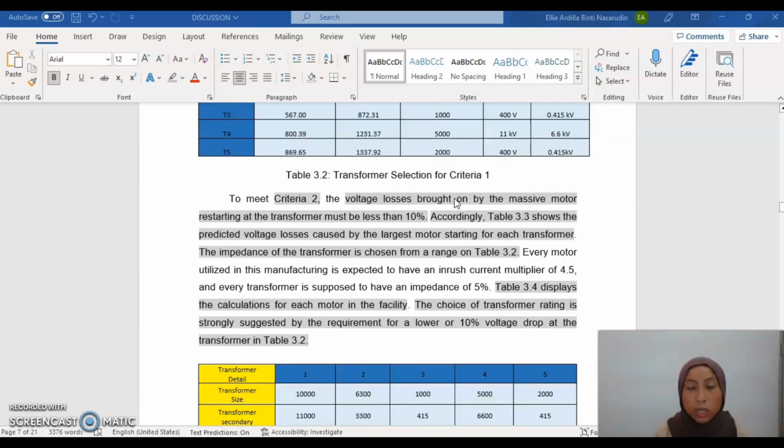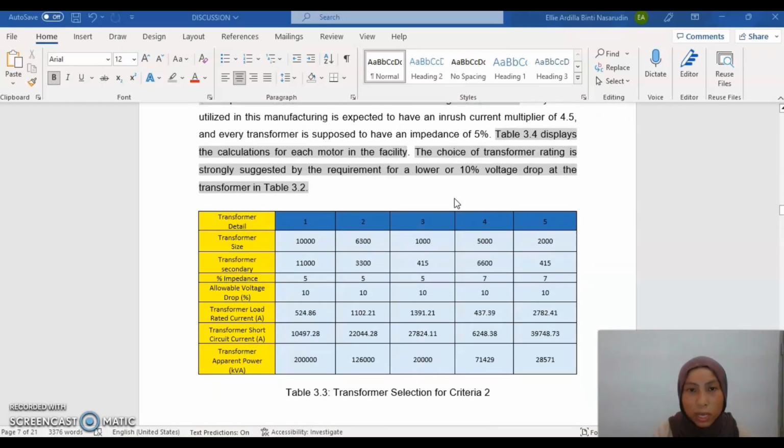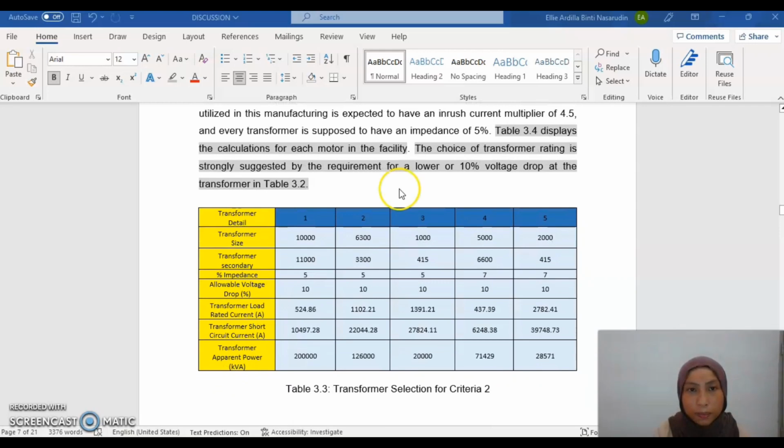To meet criteria 2, voltage losses brought on by the massive motor starting at the transformer must be less than 10%. And table 3.3 shows the predicted voltage losses caused by the largest motor starting for each transformer. And then table 3.4 displays the calculation for each motor in the facility.